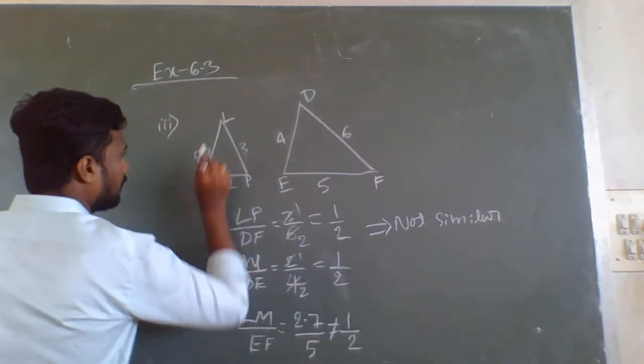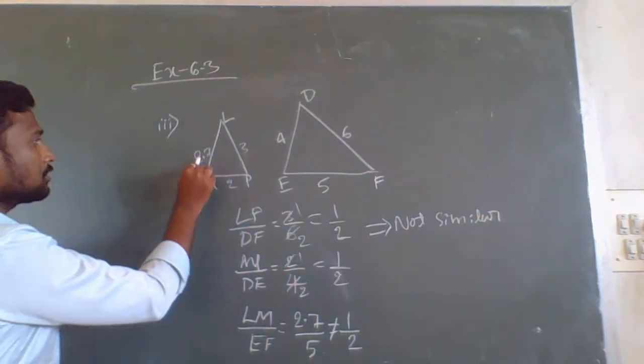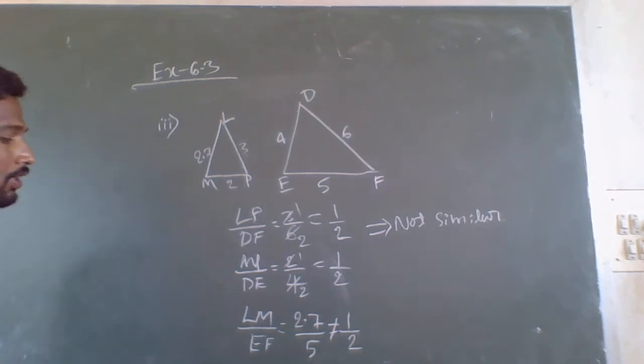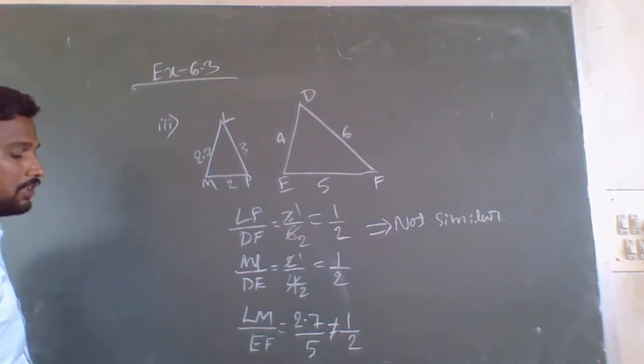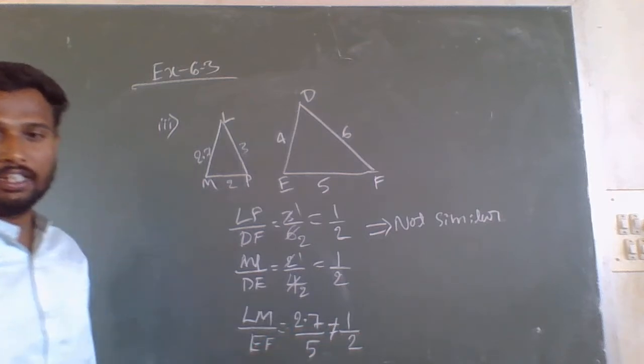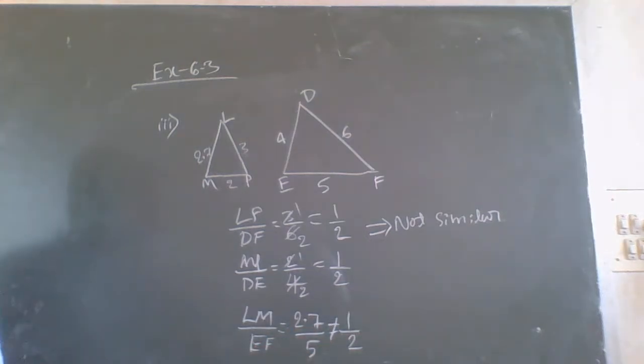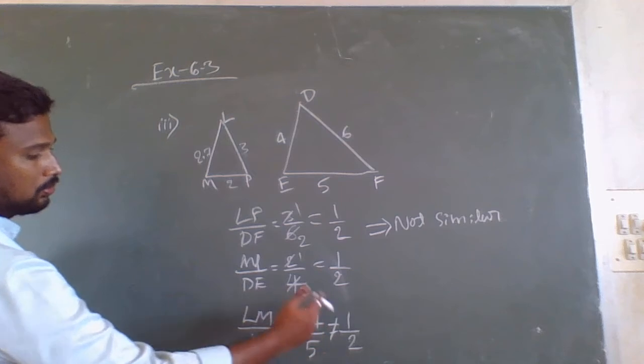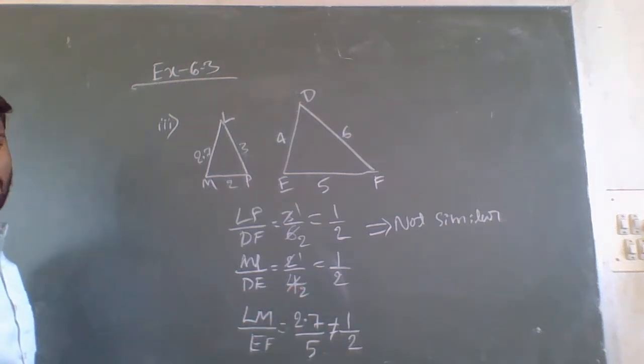Suppose they had given the length of LM as 2.5 centimeter, then LM by EF means 2.5 by 5, you will get 1 by 2 only. Again you will get 1 by 2 as the answer for all the sides. Therefore, we can say that these two triangles are similar.